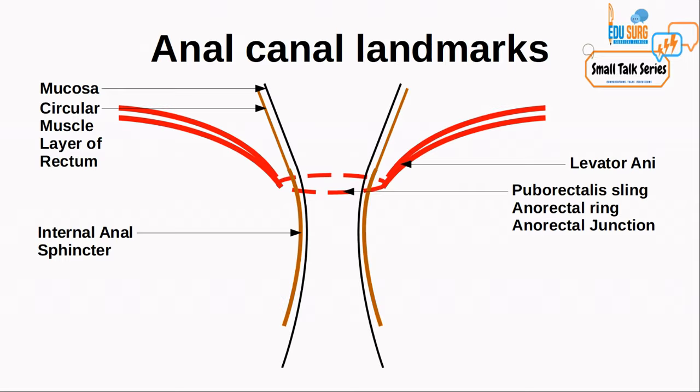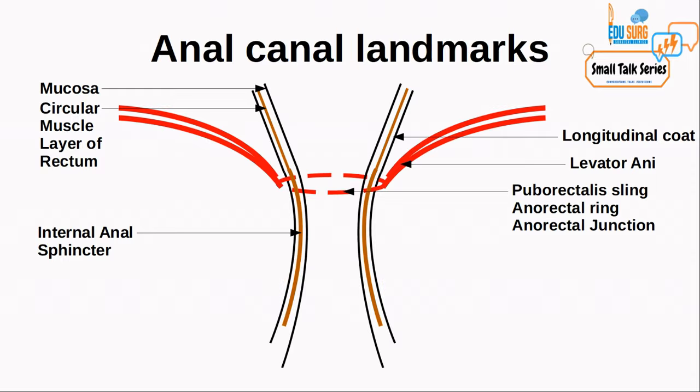This is just a brief so that I can describe the landmarks of the anal canal. So the circular muscle layer of the large intestine becomes the internal anal sphincter in the surgical anal canal, and the longitudinal coat of the rectum above the levator ani becomes the conjoined longitudinal cord of the anal canal.